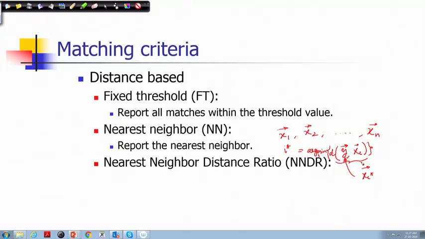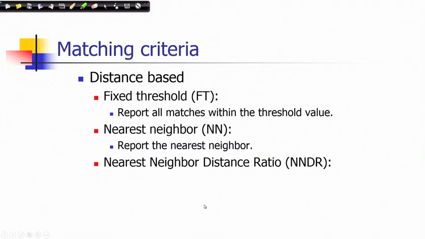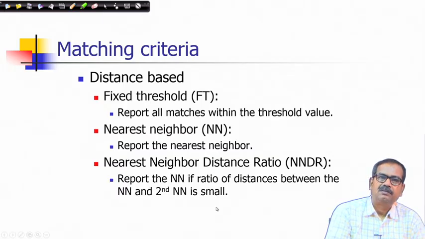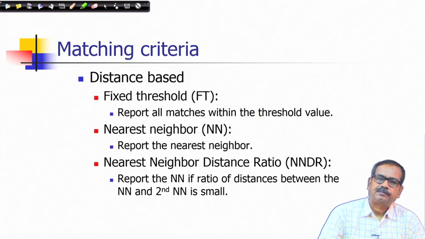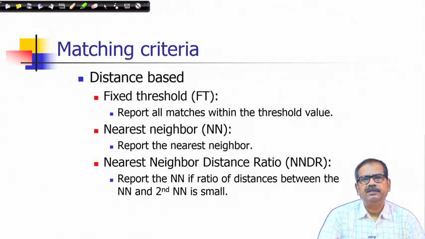So, this is the strategy when you are considering the nearest neighbor principle of matching a pair of feature vectors. The other strategy, which is found to be more robust, is called nearest neighbor distance ratio. In this case it considers the ratio of distances between the nearest neighbor and the second nearest neighbor.